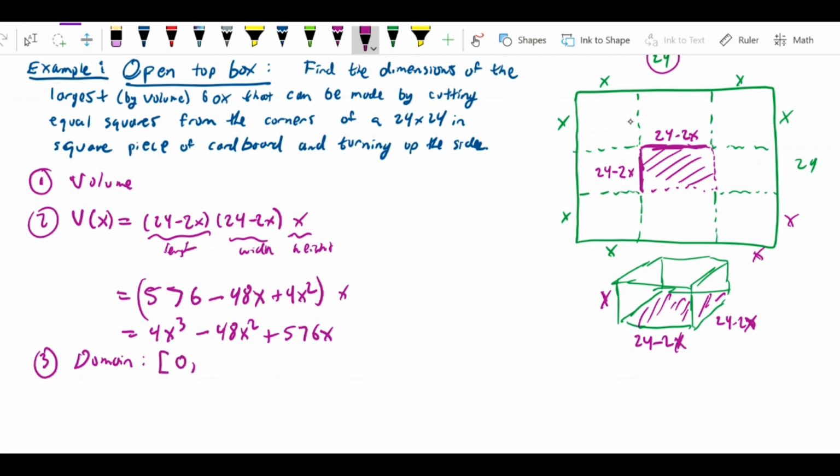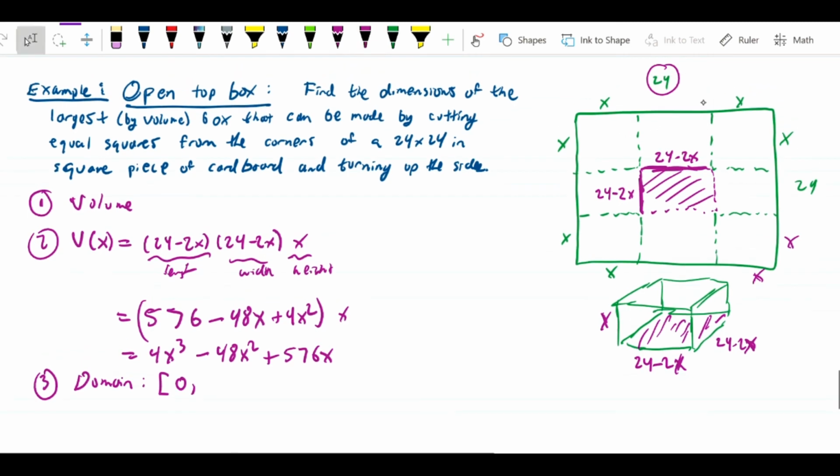The highest possible x value: since I have to take a cut of x in both directions, and I only have 24 inches to work with, I can't take a cut of 24, because then that wouldn't leave anything for the other side. Each square can only take up at most half of the length of the side that it's being cut from. So the most that I can cut is 12. So that's the domain.